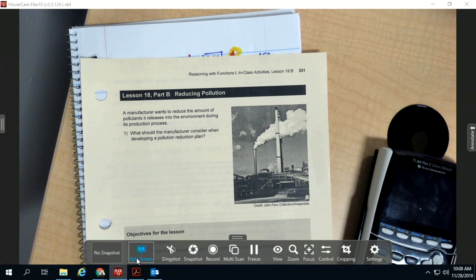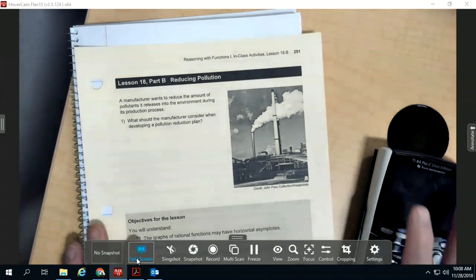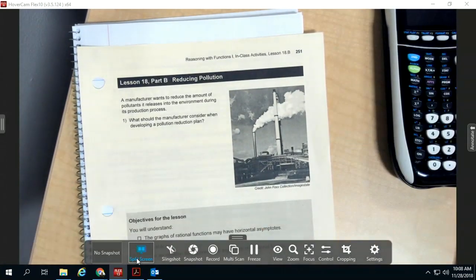That's really what this activity is about, because it says, what should the manufacturer consider when developing a pollution reduction plan? Well, it's got to consider how much it can afford to cut pollution. Because at the same time it's cutting pollution, there are people saying, I need more money because I work here and I'm important, at least to me.